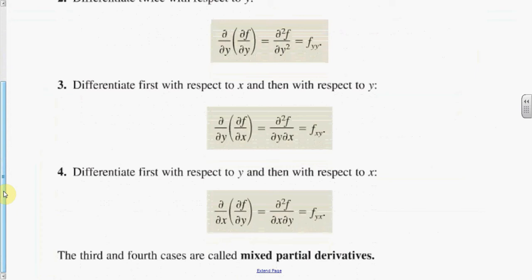They ask you to find those second partial derivatives and then look at the partial of f sub xy and the partial of yx, excuse me. And then you want to see if they're the same. And they will be. Well, let's look at some problems.